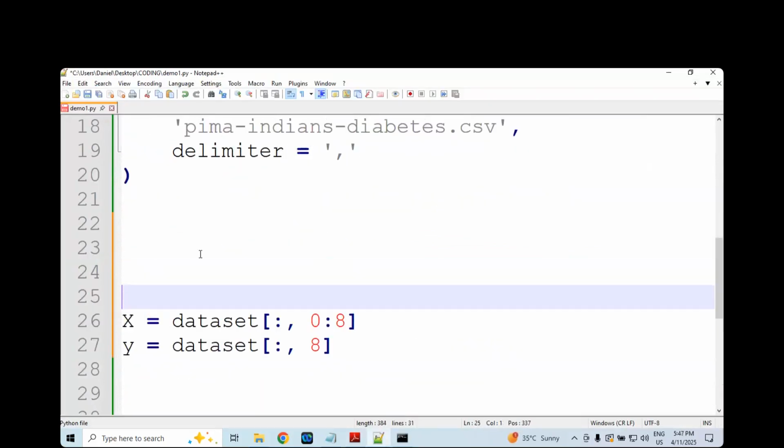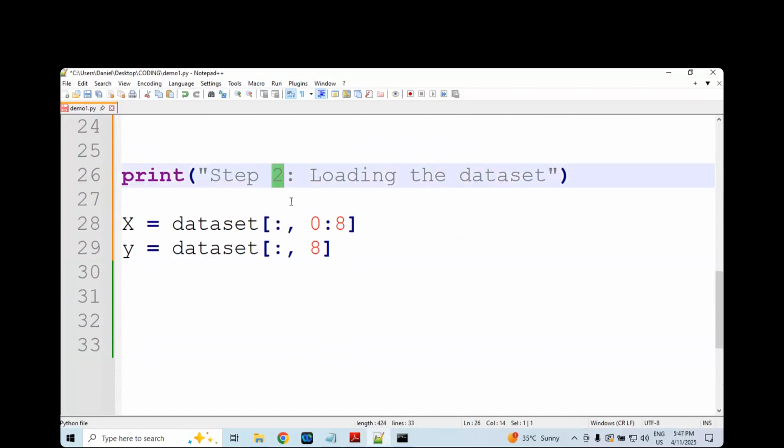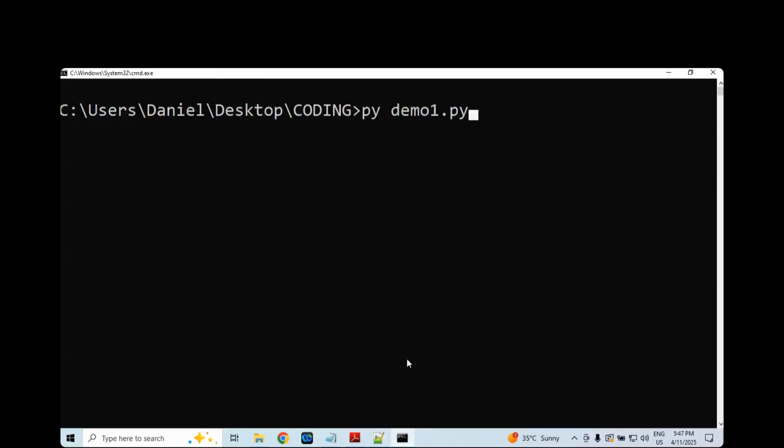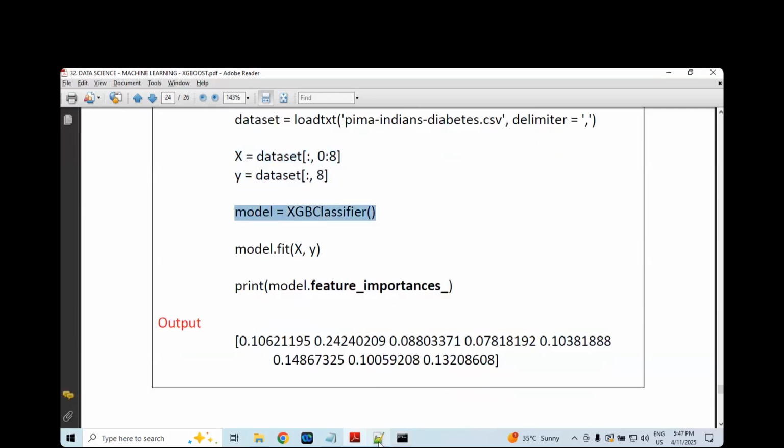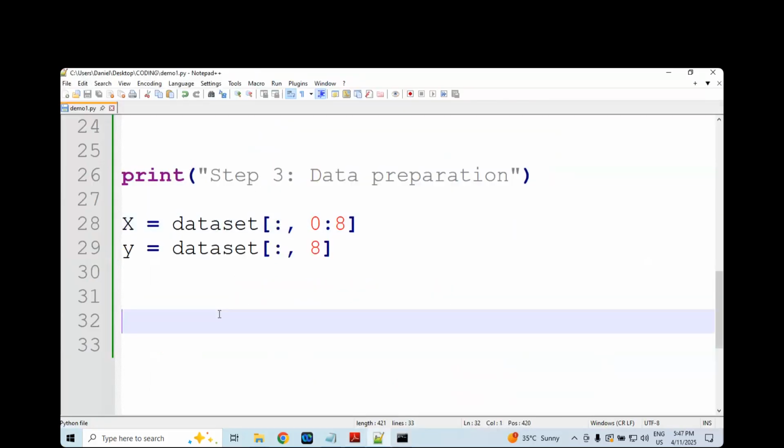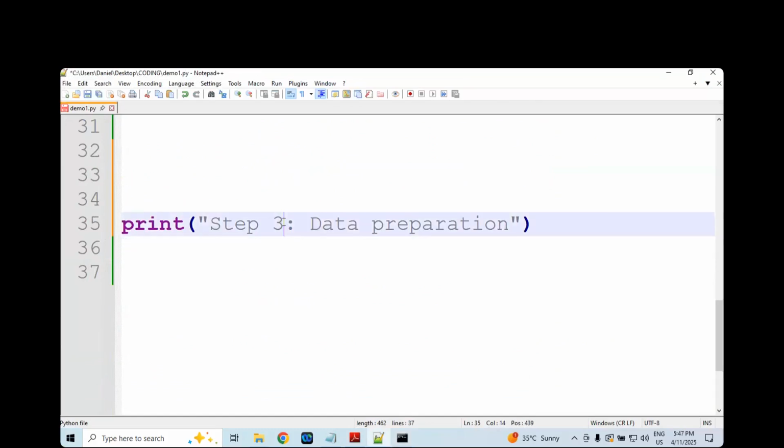Data preparation. Step number 3, model creation. Step number 4 is generally splitting the data set, let's make it optional today.